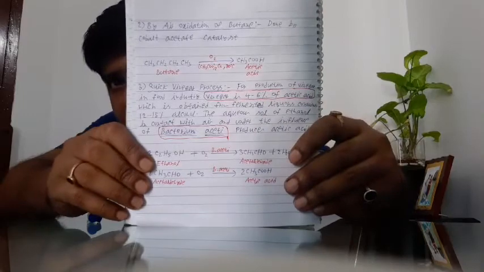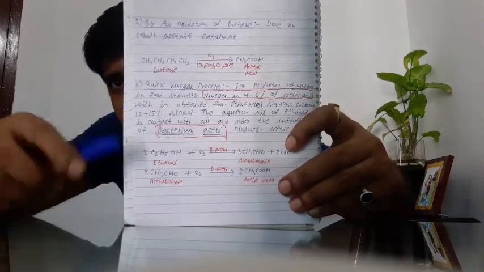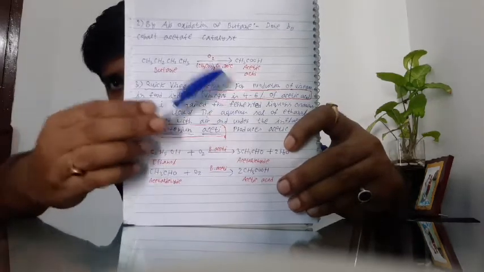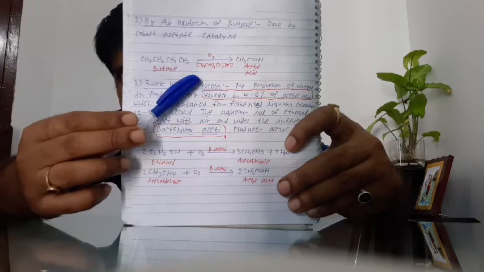In the previous industrial method, manganese acetate was used; here, cobalt acetate is used for the air oxidation of butane. Butane is converted to acetic acid by oxidation, with cobalt acetate as the catalyst. This is the second method.